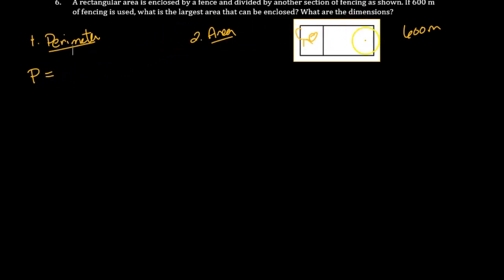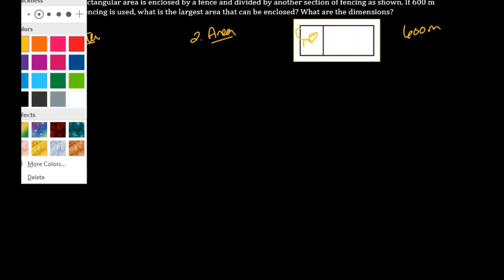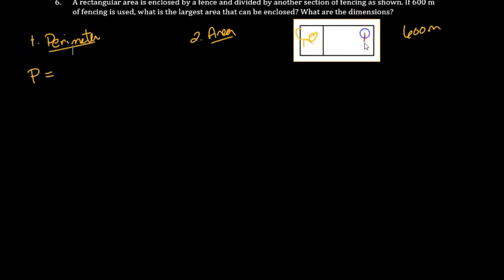So if we look here, you have a width. Hey, you get another width, and you get another one.